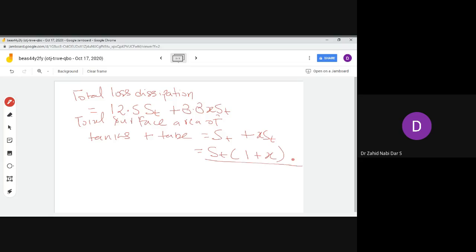This is the total surface area that you are able to get.